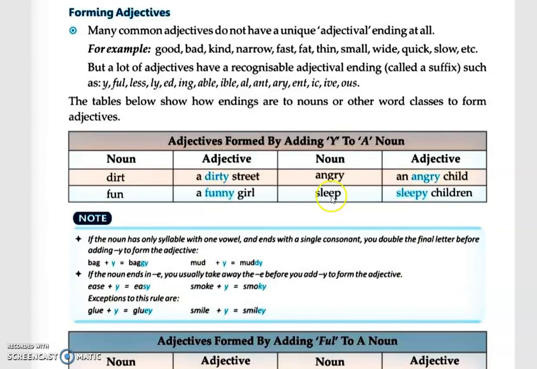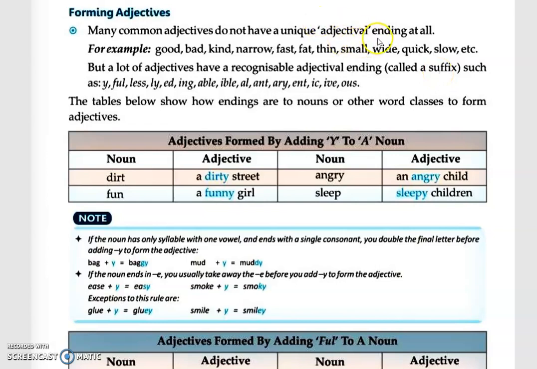Now look at it. Many common adjectives do not have a unique adjectival ending at all. For example, good, bad, kind, narrow, fast, fat, thin, small, wide, quick, slow, etc. But a lot of adjectives have a recognizable adjectival ending called a suffix.